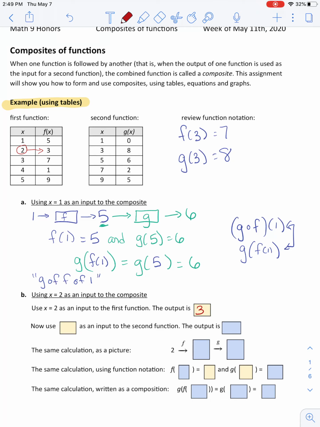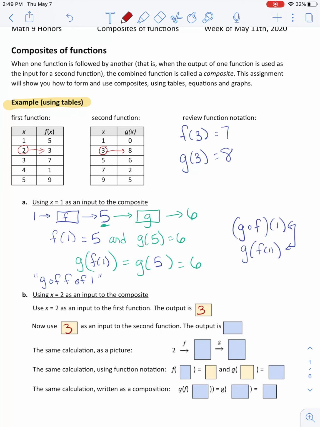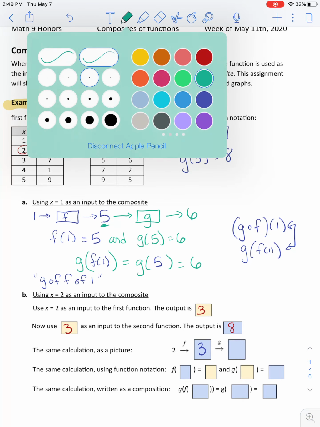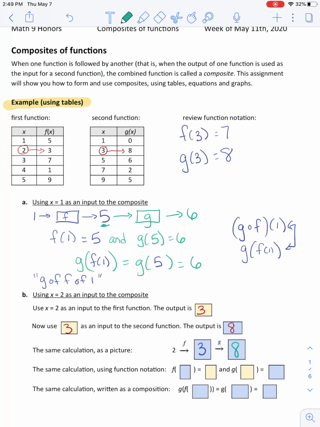So then we're going to put 3, that output is going to become our input into the next function. And when we do that, the output is 8. So again, as a picture, we put 2 into the f function. The f function does its magic and comes out with a 3. And that 3 goes into the g function. The g function does its stuff and comes out with an 8.